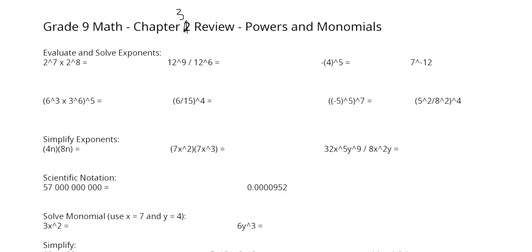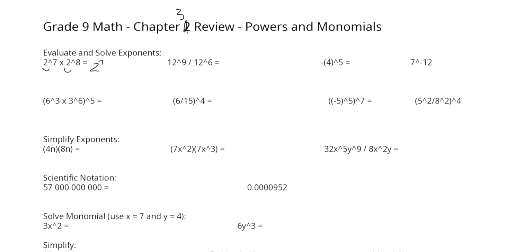So here we have 2 to the power of 7 times 2 to the power of 8. Note carefully that when you have two numbers that have the same base, you simply add the powers. So 7 plus 8 is equal to 15.